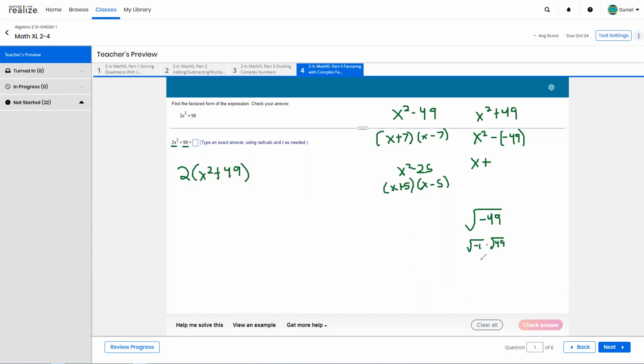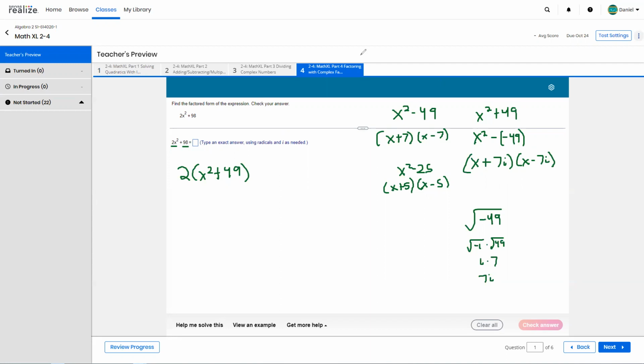The square root of negative 1 is i, and the square root of 49 is 7, so it's 7i. So x plus 7i, and then x minus 7i. Those are our 2 factors of x squared plus 49.